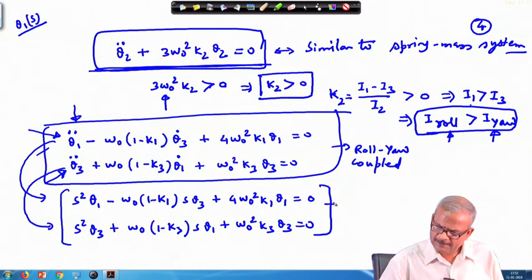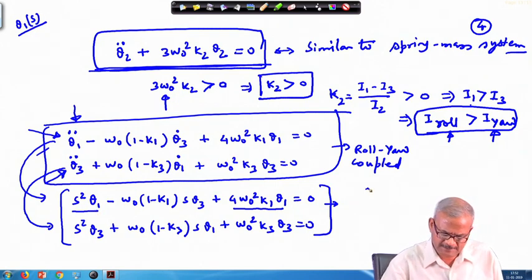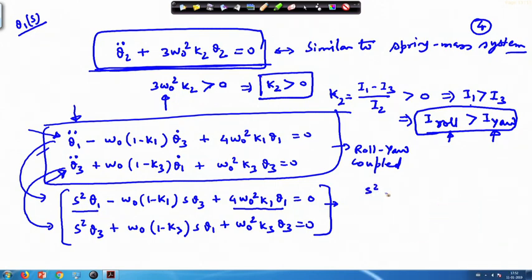So, if we combine, we can write here on this side itself. Look at this place: theta 1 is here, theta 1 is here. So, we can write this as s square plus 4 omega 0 square k 1 times theta 1, minus omega 0 times (1 minus k 1) times s times theta 3, equal to 0.